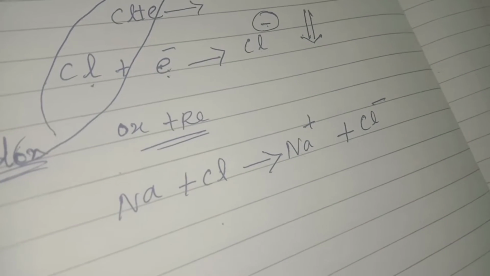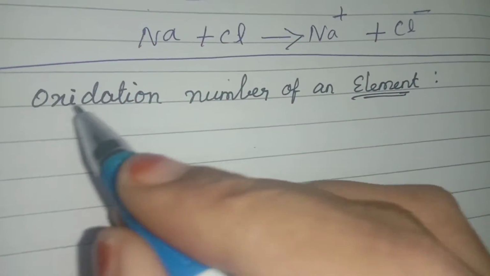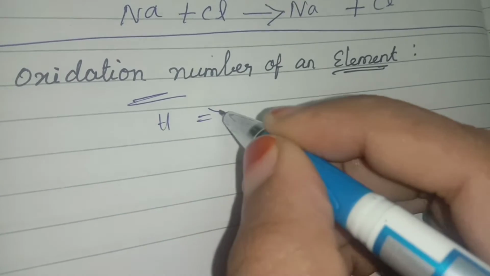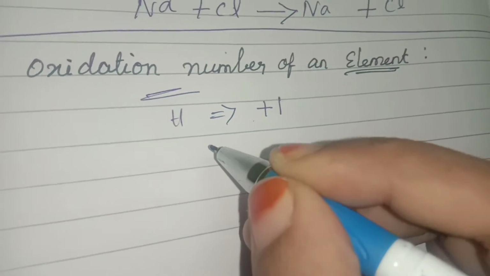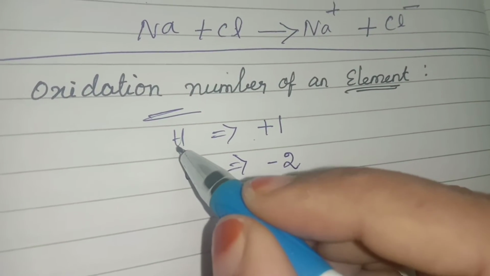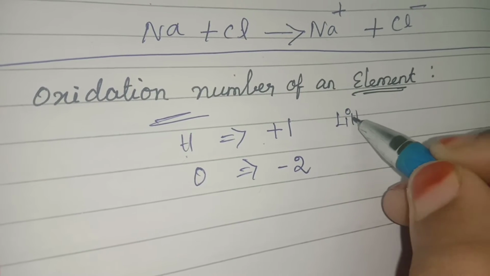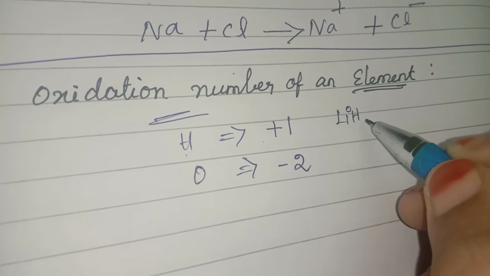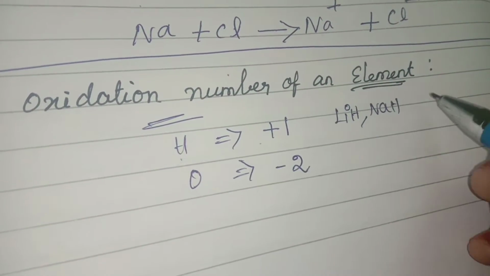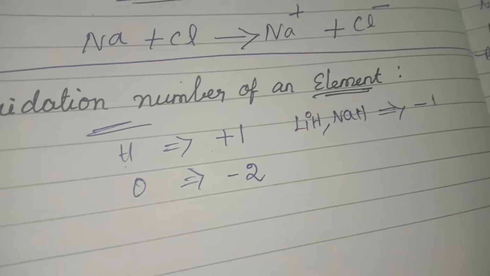Oxidation number of an element we are going to see. Oxidation number for hydrogen is always +1. For oxygen it is -2. But the oxidation number of hydrogen in hydrides, for example lithium hydride, sodium hydride, is opposite to this, -1 instead of +1.